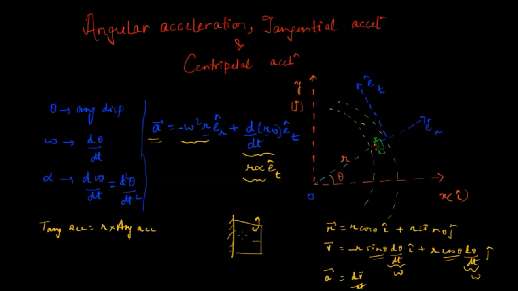So let's take two particles on the door: one particle which is near the hinge and another particle which is at the edge. Now when you move the door, what will happen? Given the door is a rigid body, both these particles on the door will move. Let's say you move the door from this position to this position.